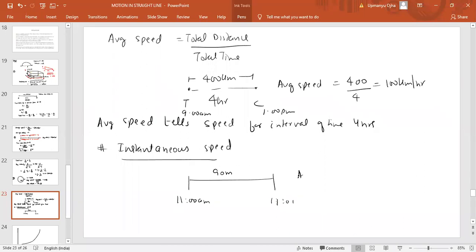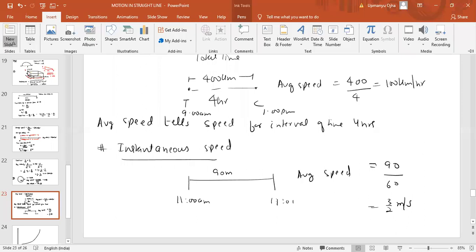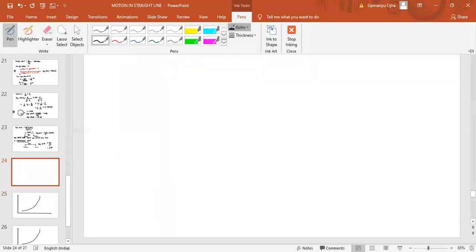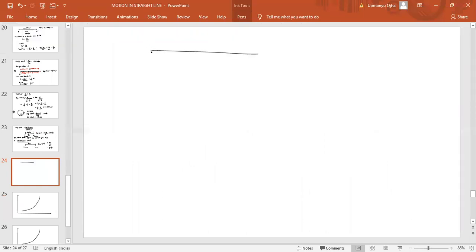That would have been the total distance, that is 90 meter, by total time taken, that is 1 minute. 1 minute means 60 seconds. It should come as how much? 3 by 2 meter per second. So average speed for 1 minute would have been 3 by 2 meter per second. Okay. Now if I start reducing the time interval, like the car has traveled from 11 a.m.